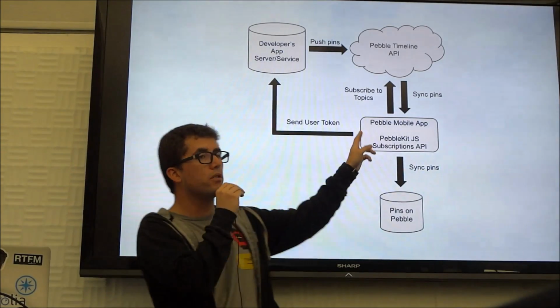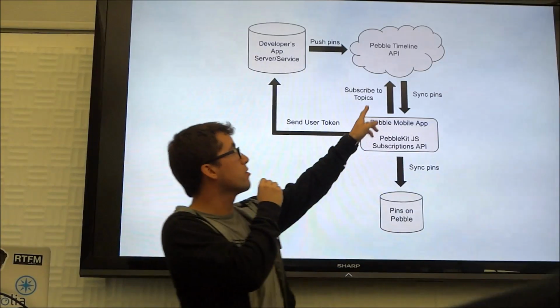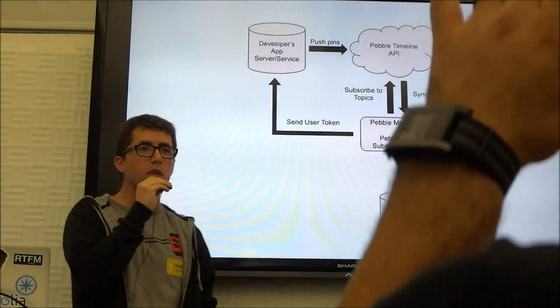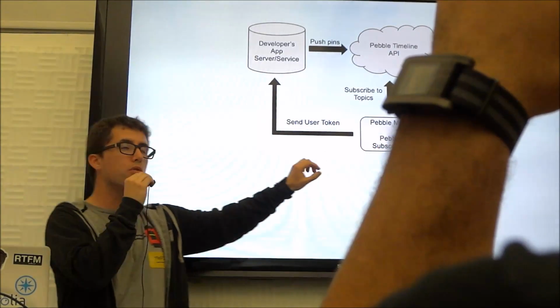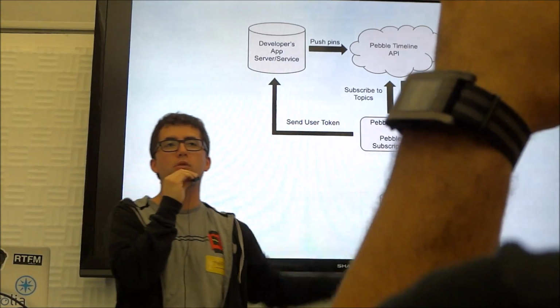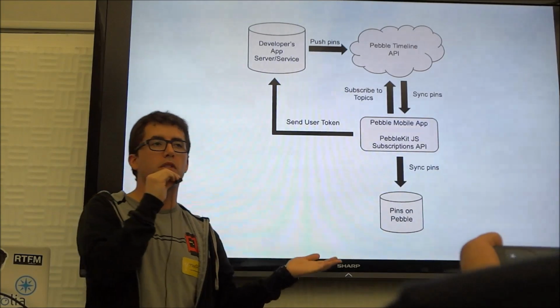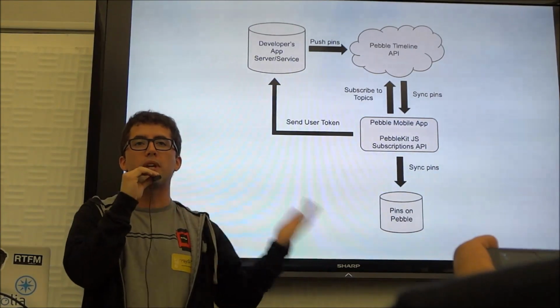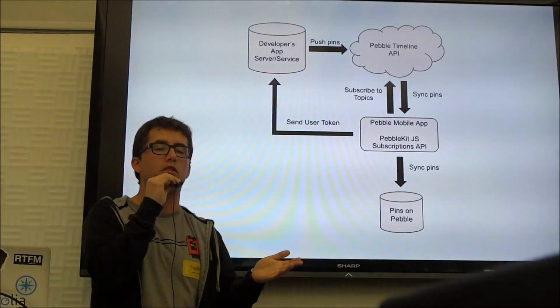So we have an API to get the user token, and we have an API to just subscribe to a topic. Once you have done this subscription phase, you can, from the cloud, use our web API to push information to the timeline. And again, you can push to an individual user with the timeline token, or you can push to a set of users who are subscribed to a specific topic by just specifying the topic.